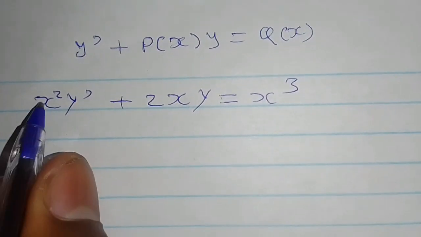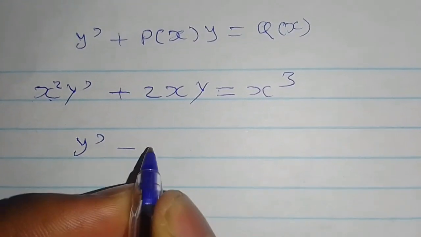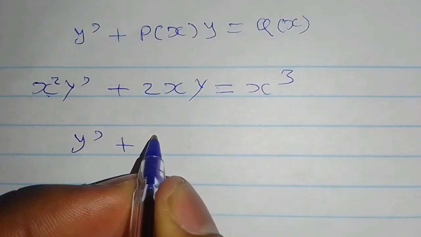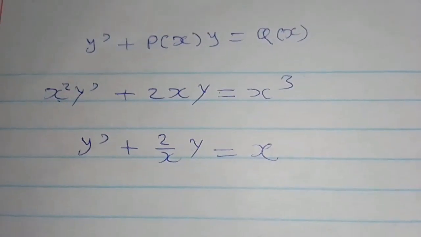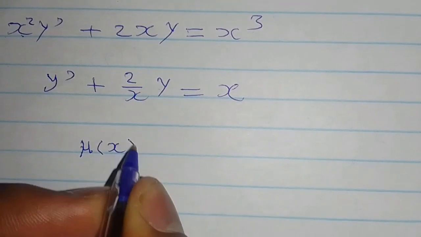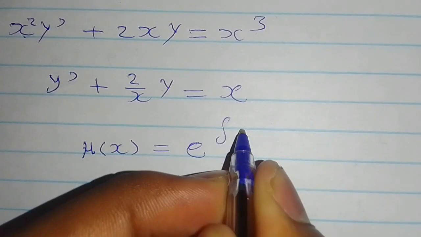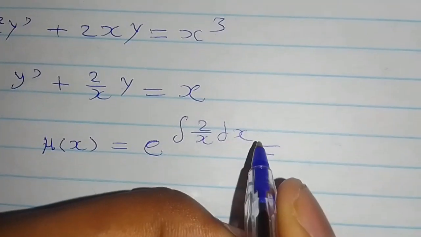So then we need the y prime. That means we have to divide everything by x squared. Then you have y prime plus 2x over x squared, that's just going to be 2 over x, then you have y, and then this will be equal to x if you divide x cubed by x squared. And then from then you need to find the integrating factor here. Then mu of x is just going to be e to the power of the integral of 2 over x dx, and then this one is just going to be 2 ln x.